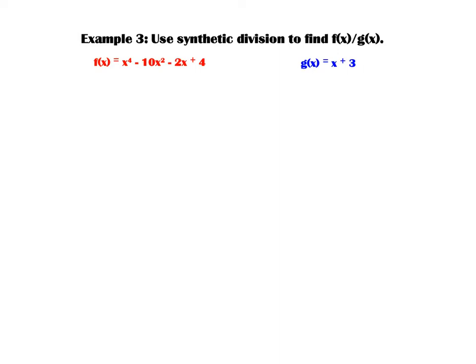using synthetic division. Now, when you use synthetic division, you use no variables. You only use constant values. So I'm going to highlight f of x as 1, -10, -2, and 4. I'm going to use those coefficients. And for g of x, I'm not going to use this as a potential factor as I do in long division.